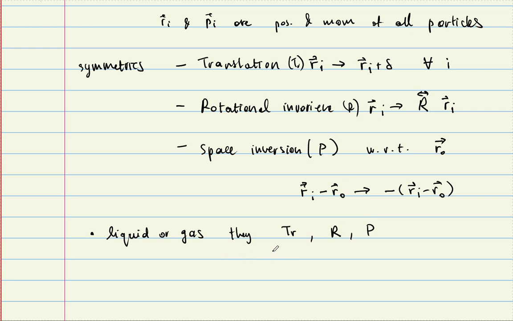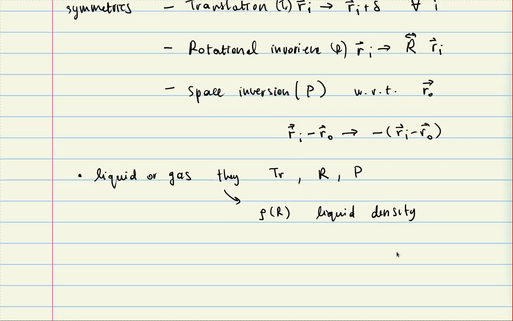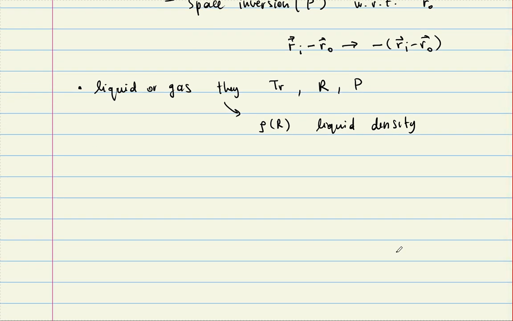To say that the liquid has these symmetries, you can consider any kind of observable, for example rho of R, the liquid density. Any observable is fine, but they are all going to be symmetry invariant like this.